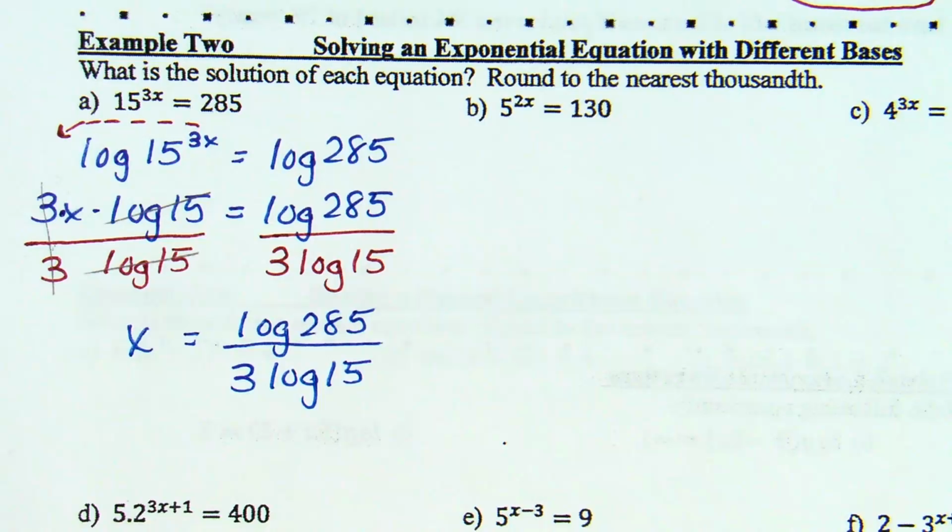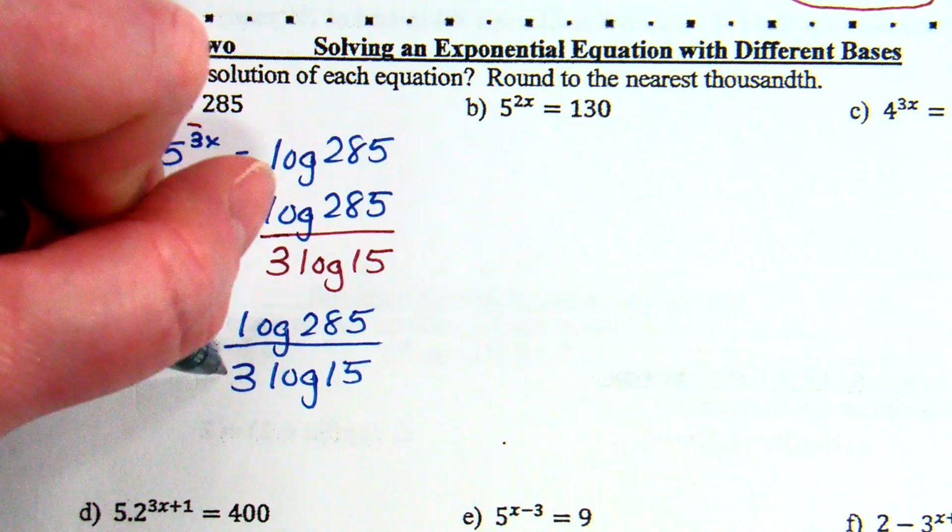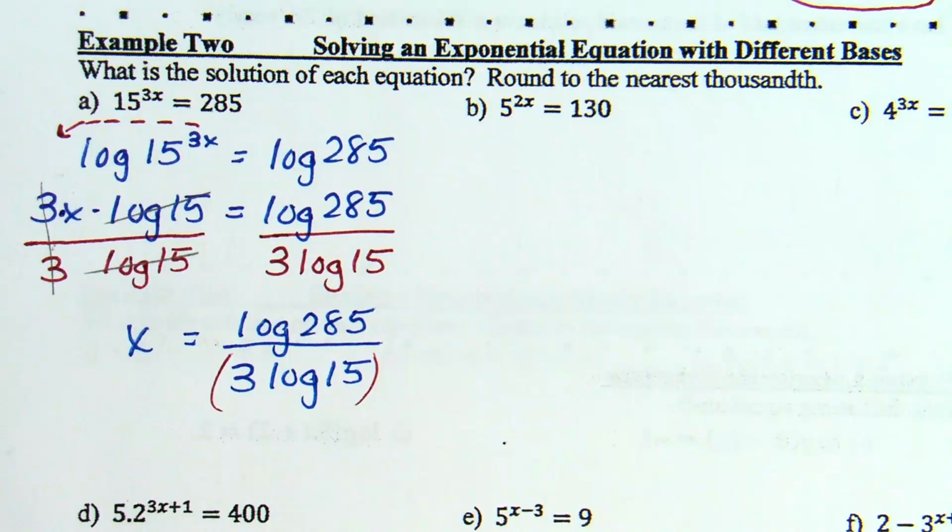Now, if you go this direction, beware with the calculator. It's probably going to be best if you put parentheses, at least around that denominator, because 3 and log of 15 are two different things. Now, honestly, the easier thing might be to do log of 285, divide by log of 15, and then divide it by 3.